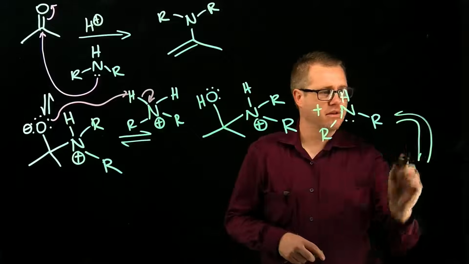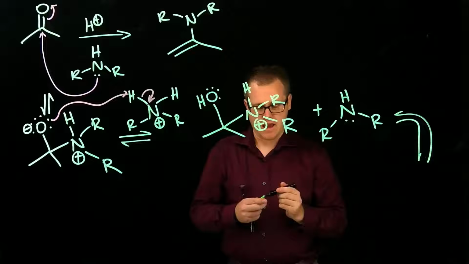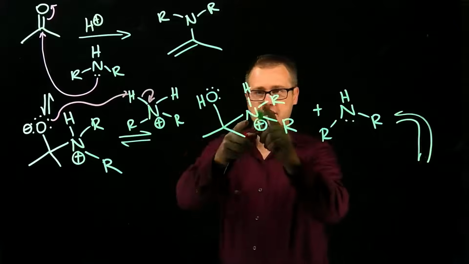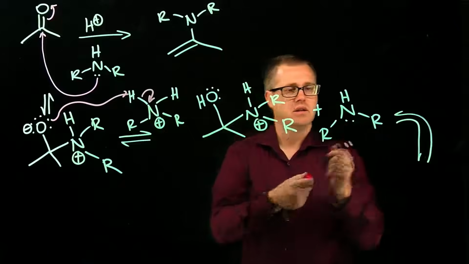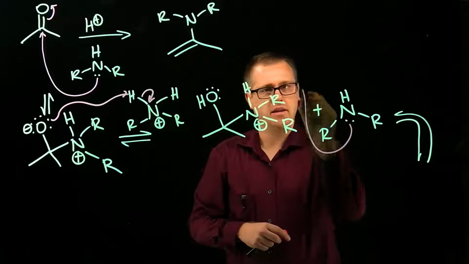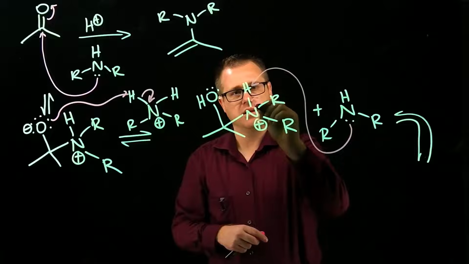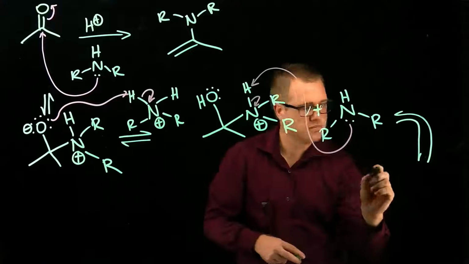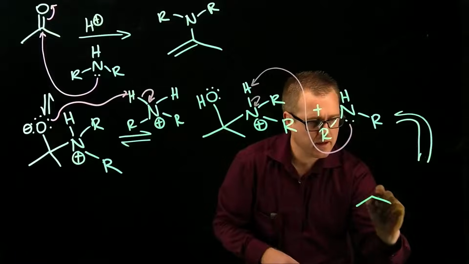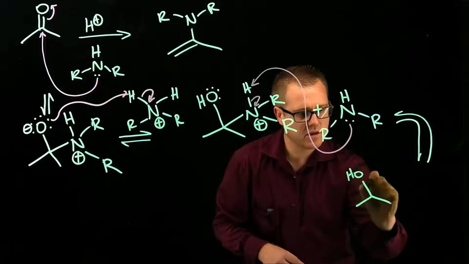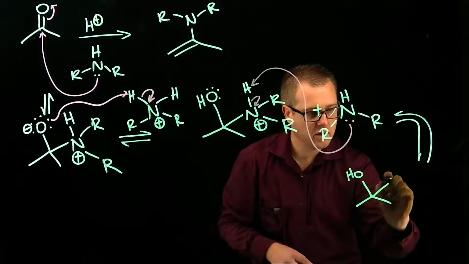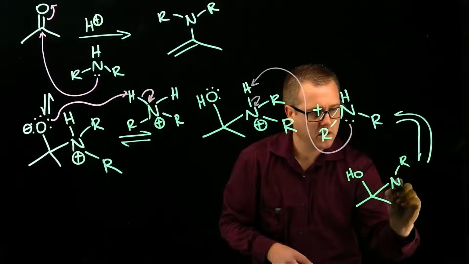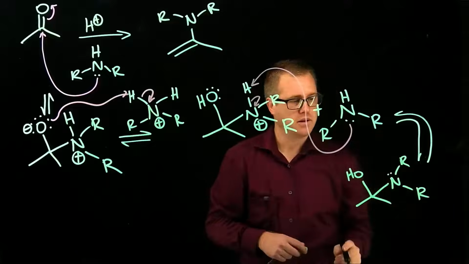So this is reversible. And we can see, hey, this nitrogen has a positive charge. So we're going to come in and take this and get rid of that positive charge to give us OH and R R, like that.